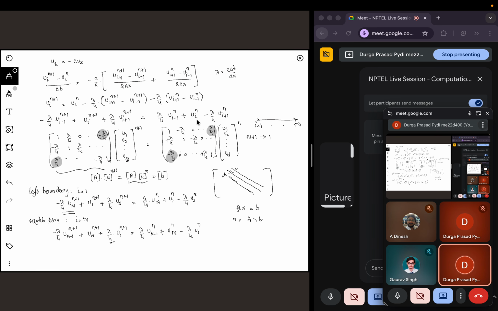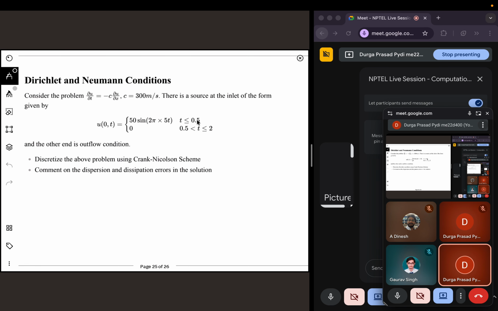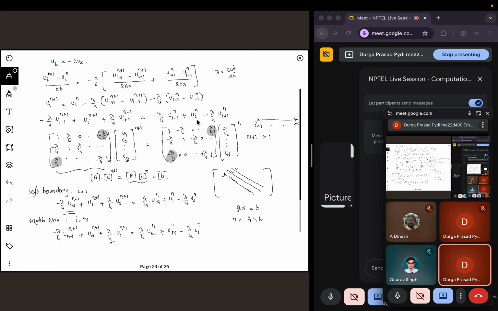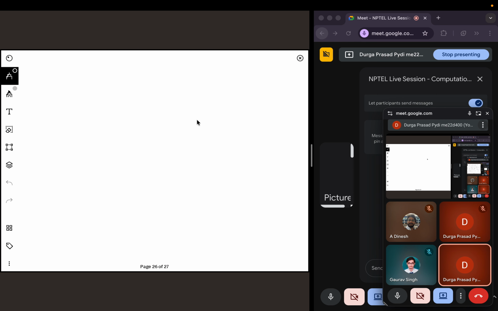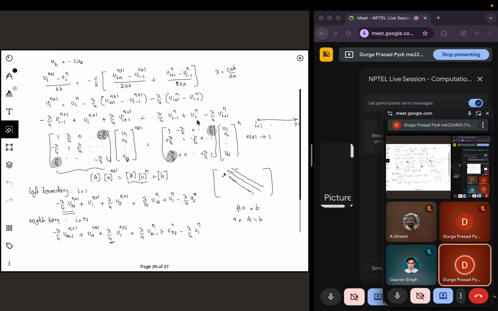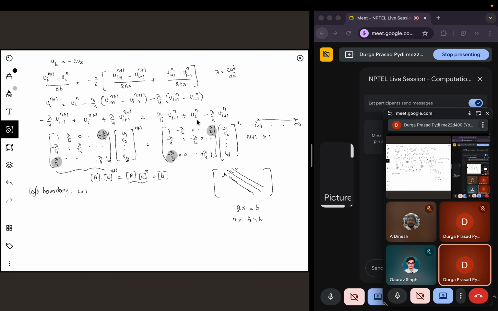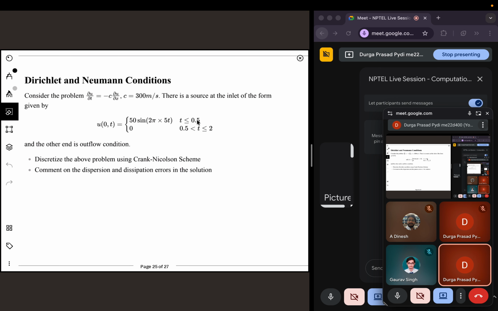How will that change? Let's say we have to solve, just duplicate this. Everything else remains the same, but let's say at the left boundary, at x equal to 0, we have this.